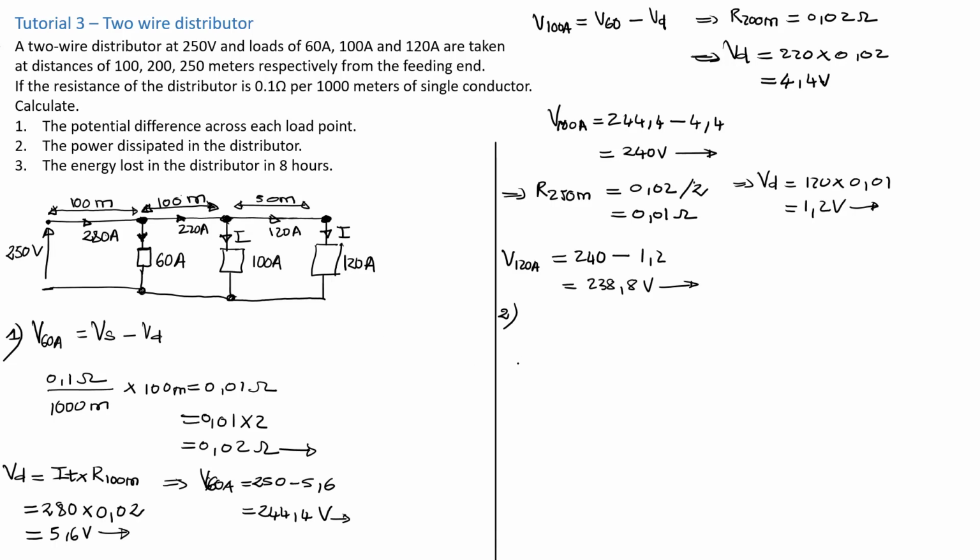So you guessed it. We can say P total is equal to P for these 100 meters plus P for the 200 meters. We know what we did there. Plus the P for the 250 meters load, right? So that is the power across all of these sections.